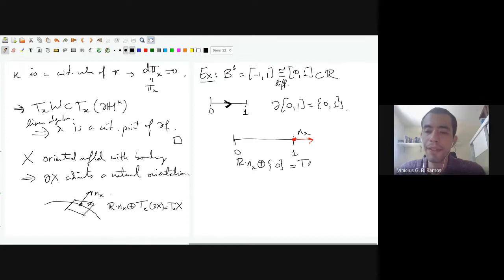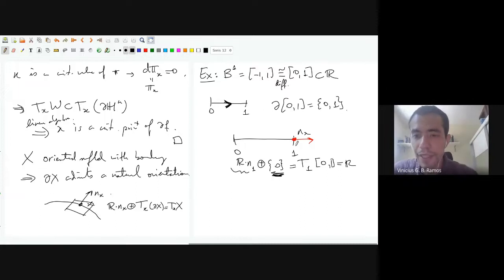And then this is supposed to be the tangent space to [0, 1] at the point x = 1, which is my R. So now I have to compare the orientation here with the orientation here, and see what it induces here. This guy is just a zero-dimensional vector space, so the basis is empty. So what I really have to do is compare the orientation on the left and the orientation on the right and see if they're the same or different.